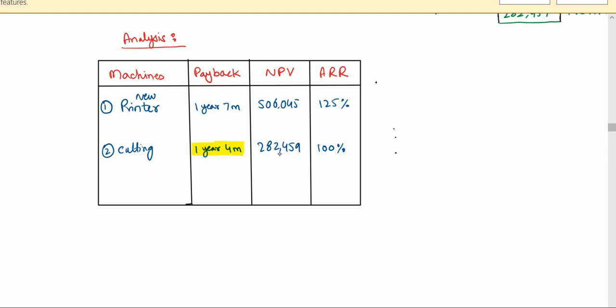When we compare NPV, new printer is the winner. Now ARR will decide, which ARR is higher? New printer ARR is higher. So now you can see new printer has 2 votes, cutting has only 1 vote, so new printer project is favorable.